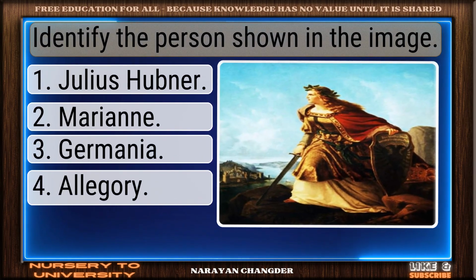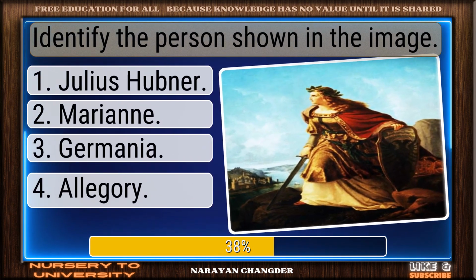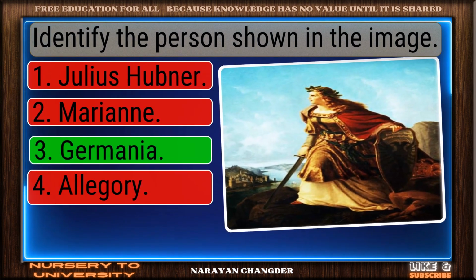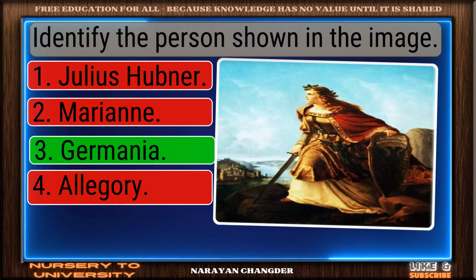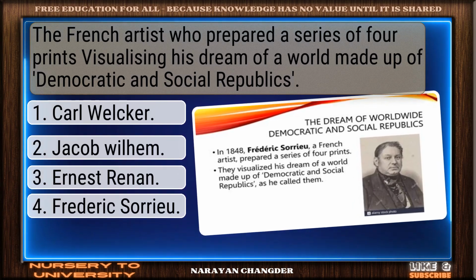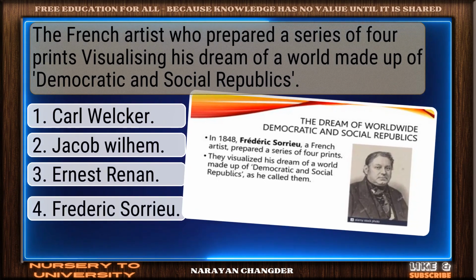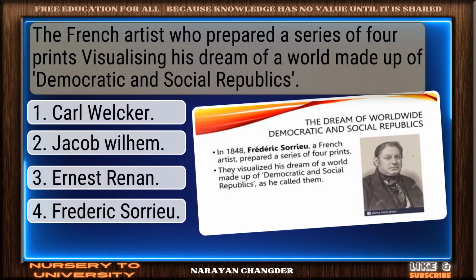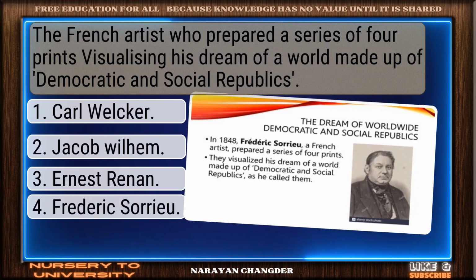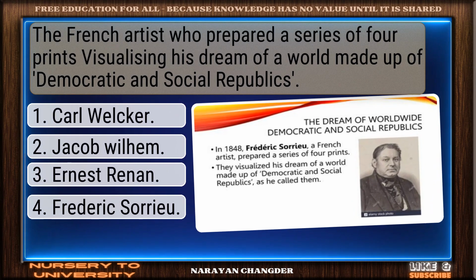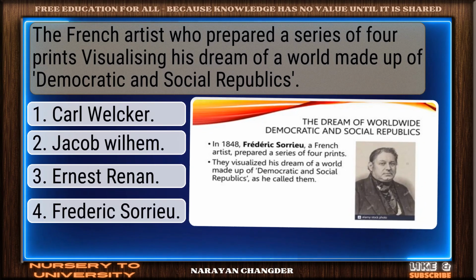Identify the person shown in the image. Right again. Germania is valid. The French artist who prepared a series of 4 prints visualizing his dream of a world made up of democratic and social republics.